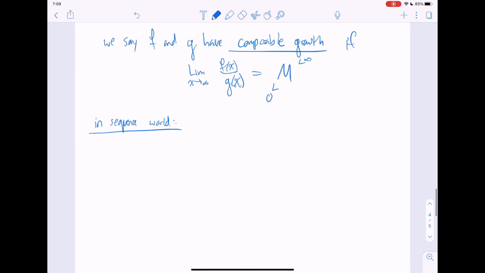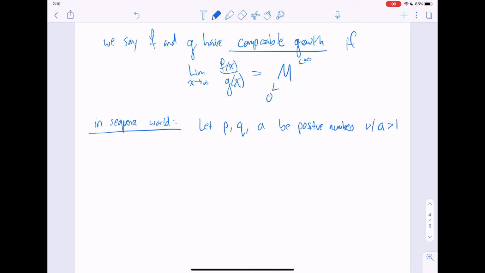In sequence world, the following is true. We're going to let p, q, and a be positive numbers with a being greater than 1.